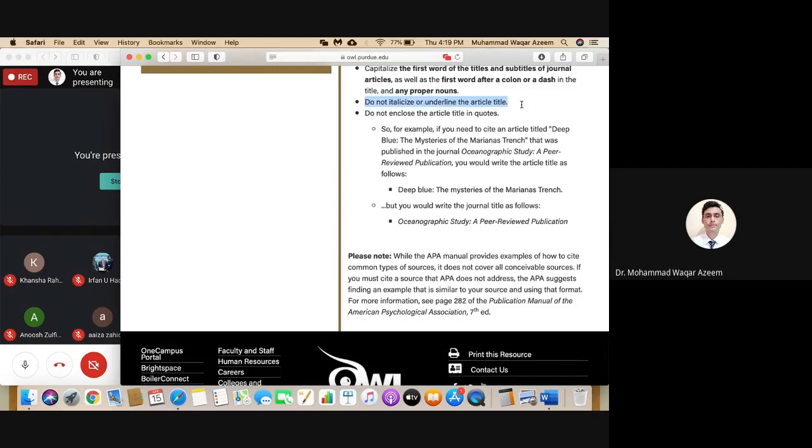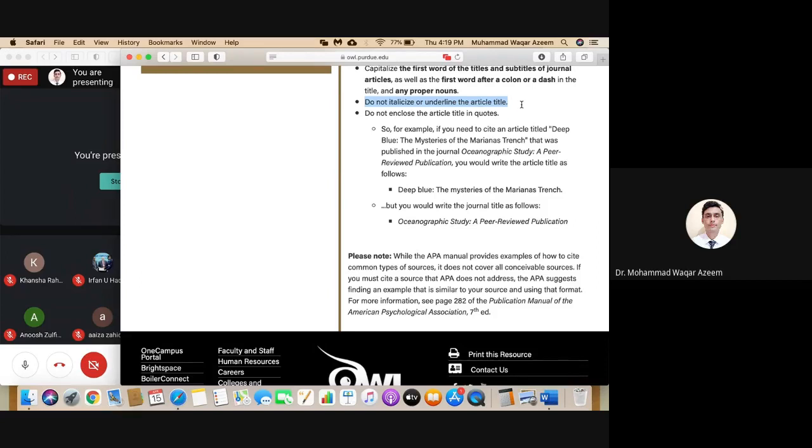Next rule, do not italicize or underline the article title. So this is very important. Previously we learned that the titles of books are italicized, while titles of shorter works are not italicized. If you keep that in mind, over here we are learning that the title of a journal article is not italicized, it is not underlined as well, right?